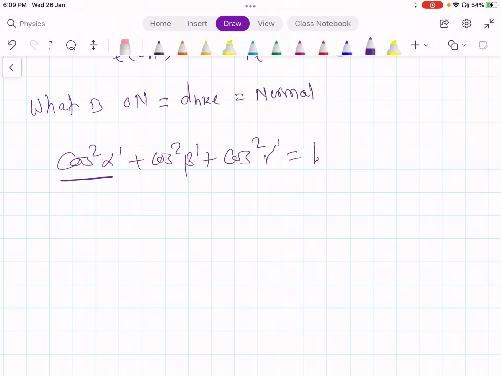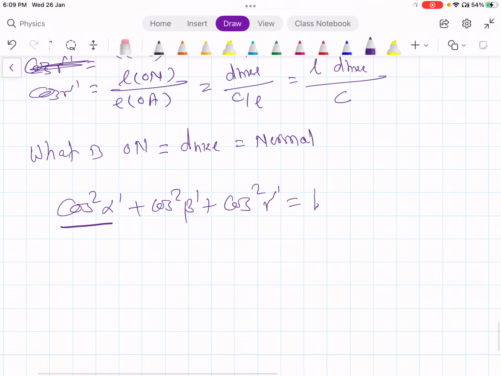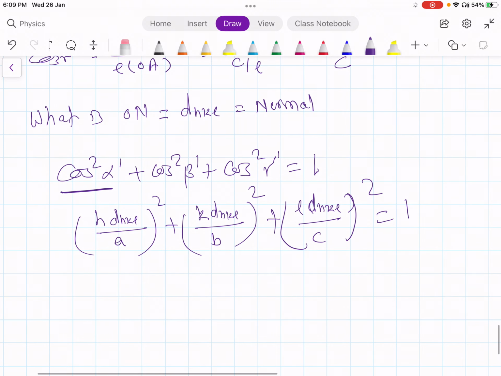We know what cos alpha dash is over here. So h into d suffix hkl divided by a, square, plus k interplanar spacing divided by b, square, plus l interplanar spacing divided by c, square, and this is equal to 1.